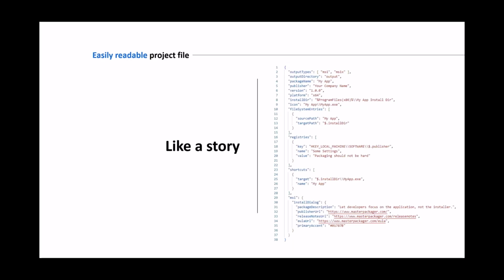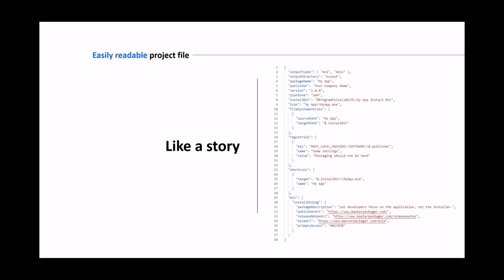For registries, shortcuts, variables, and other information, it is just straightforward. You just specify what you want to create and where. Developers don't have to think about how to translate this into MSI or MSIX technology. All that will be done by Master Packager Dev.